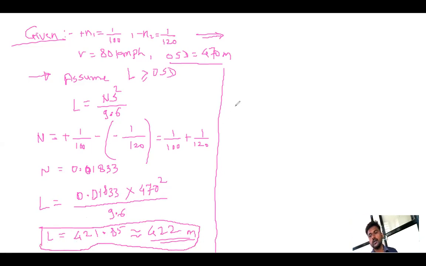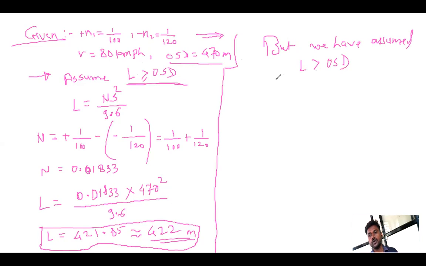But see here, what we have assumed, length of curve is greater than OSD. First only we have assumed the length of curve is greater than OSD. What is the value of OSD? 470. What is the value of length L? 422. So it is a wrong assumption.